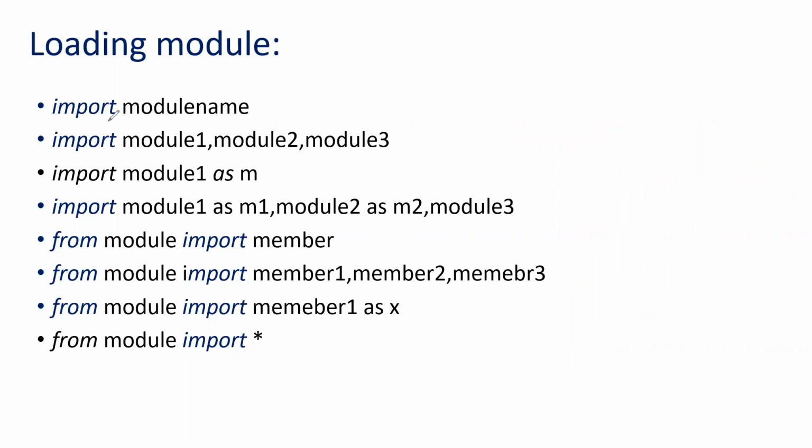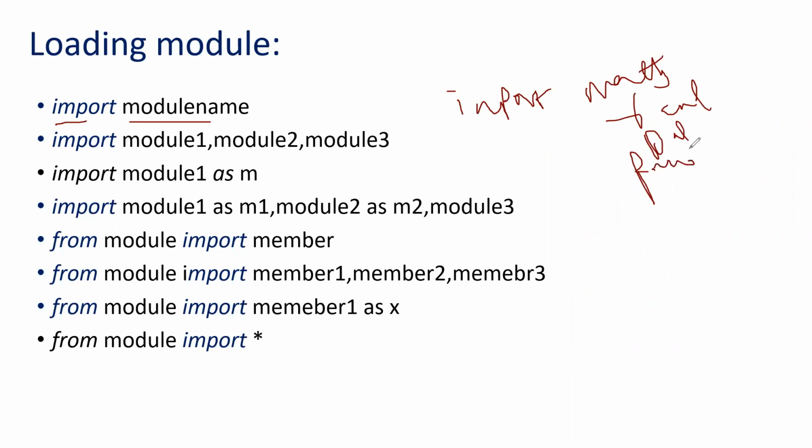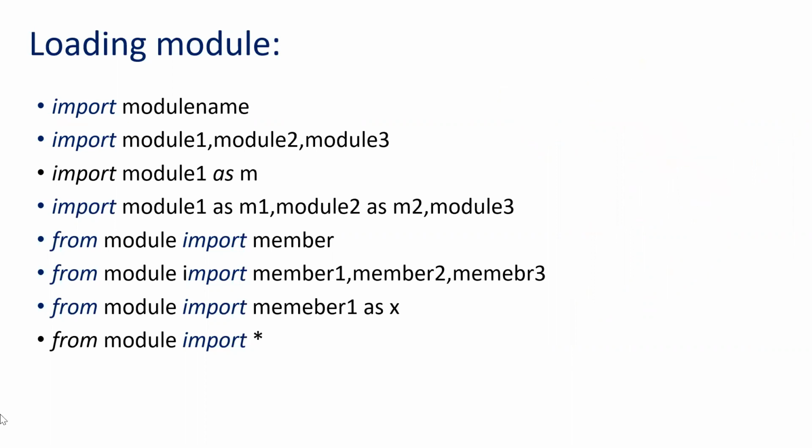This is one way: import module name. Import math, import random, import datetime, import pandas, import numpy, like this. And if I want to import multiple modules, simply use the import keyword again with module 1, module 2, module 3.